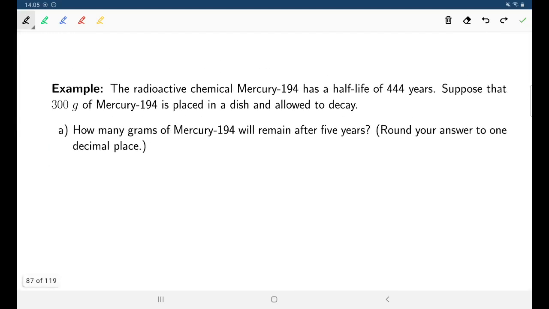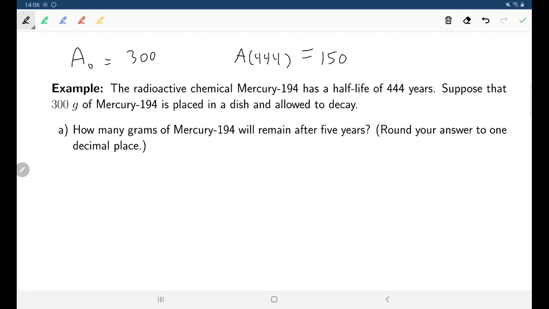So I'll first start off with the fact that we have our initial amount being 300. And we also know that the half-life is 444 years. So what that means for us is that when time is 444, we'll have half of the initial amount, in this case, 150 grams.